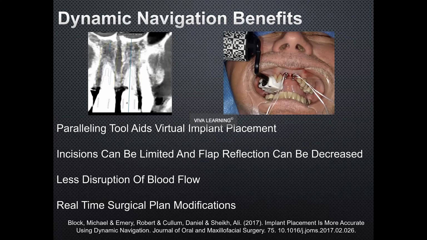Here are some benefits of dynamic navigation. We've got a parallel tool that helps us with our virtual implant placement. Here's a man who was about a month from retiring, working on the job, and had a high pressure hose come loose and pretty much break off both of his front teeth. So in this case, you see the incisive canal.